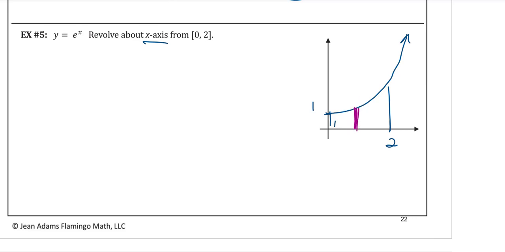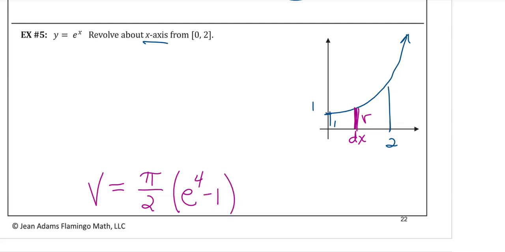This is our r, this is our dx. What you should get when you do this one and simplify it, you can just leave it in this form, pi over 2 times e to the 4th minus 1. So see if you can pause the video here and do this one yourself.